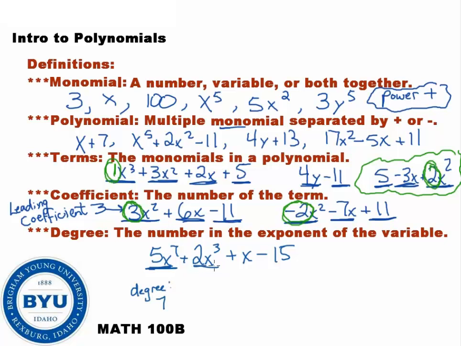It's just the highest power. Here we have the degree of 3, the power associated with that term. For this term, the degree is 1. And for this last term, the degree is 0 because there are no variables associated with the last term.